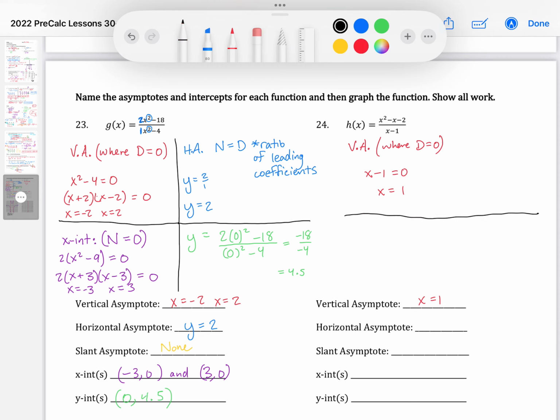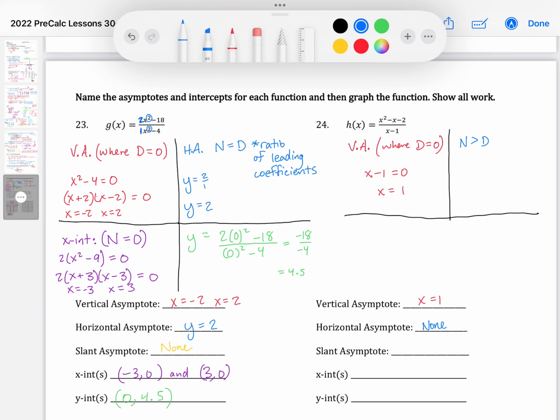All right, the next thing I'm going to find is my horizontal asymptote. But I notice for this one that the degree of the numerator is greater than the degree of the denominator, which means I don't have a horizontal asymptote.